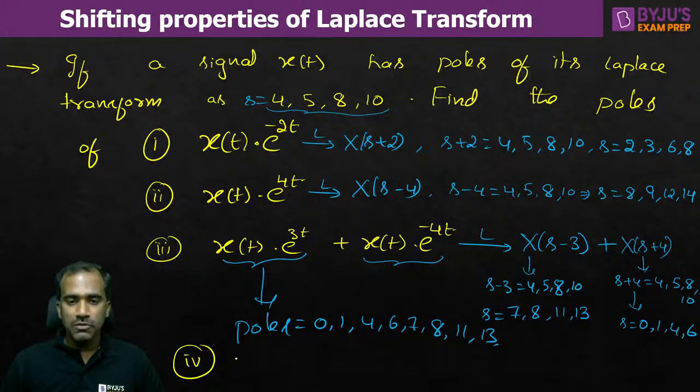How about finding the poles of x of t minus 4?